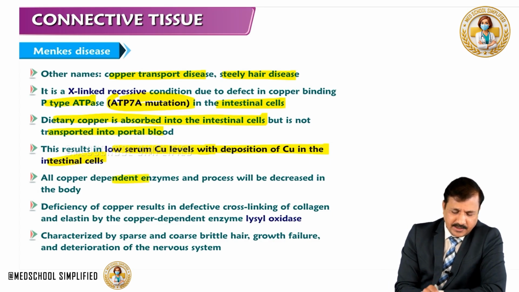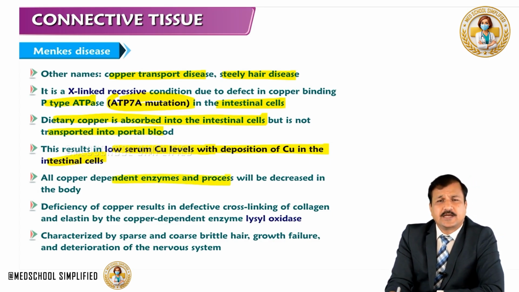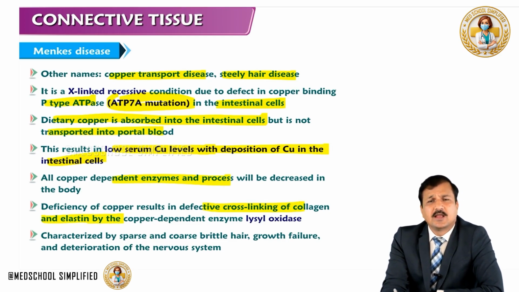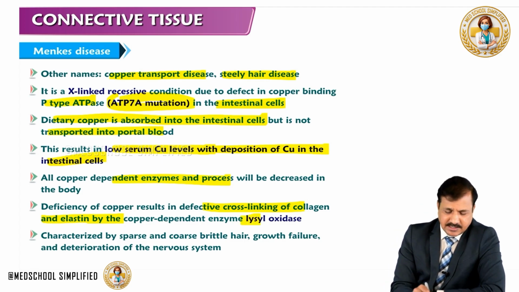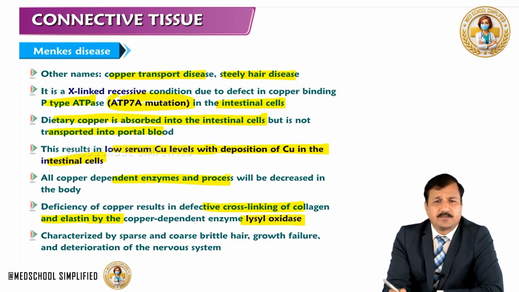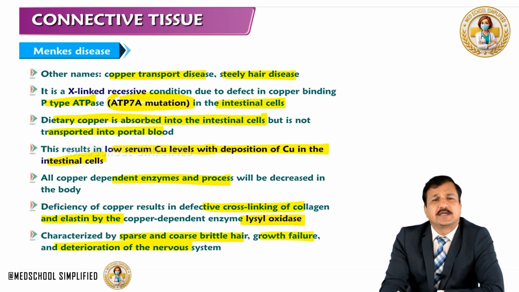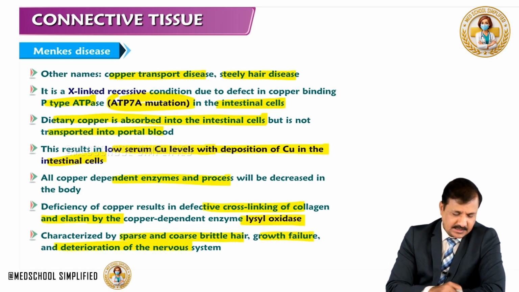All copper-dependent enzymes and processes will be decreased in Menkes disease, and that results in a defect in the collagen cross-linking process and elastin maturation, because both need lysyl oxidase, which is a copper-dependent enzyme. Because of this, there will be sparse, coarse, brittle hair, growth failure, deterioration in the nervous system, and eventually it leads to death. So that's what Menkes disease is about.